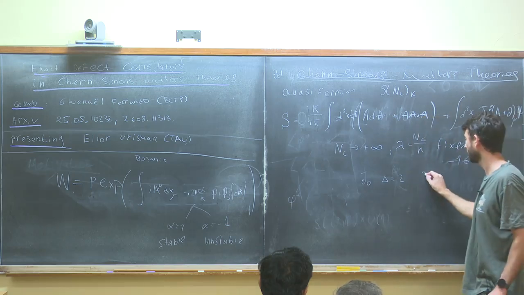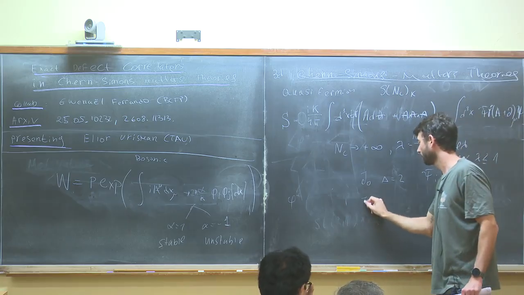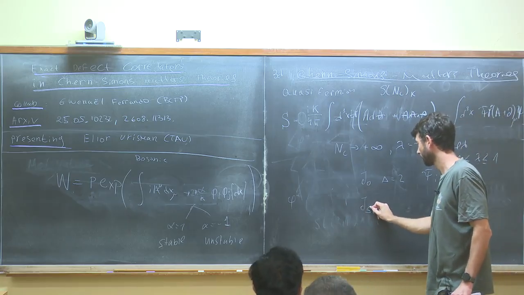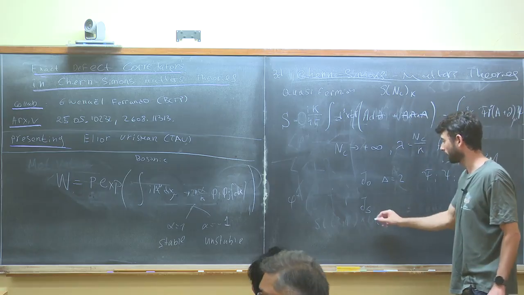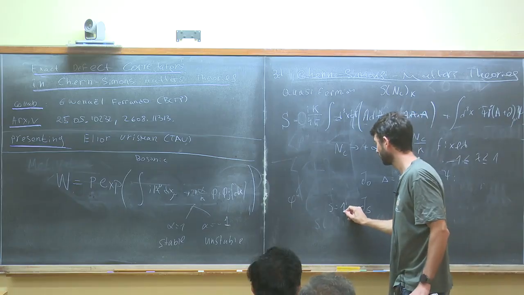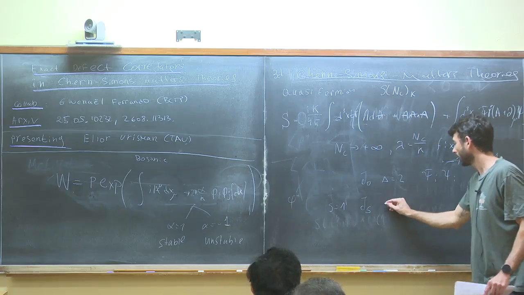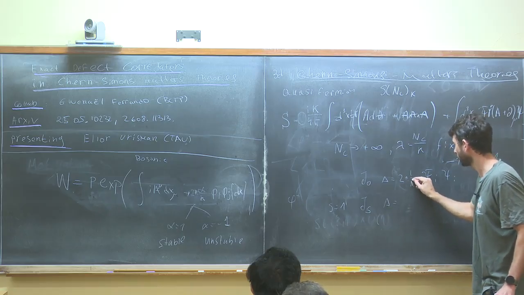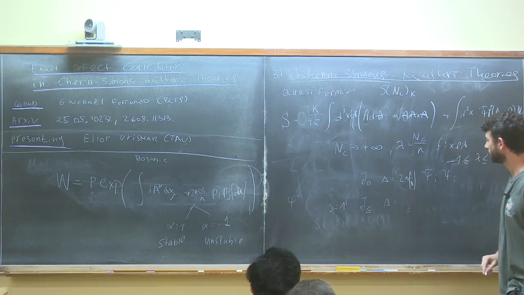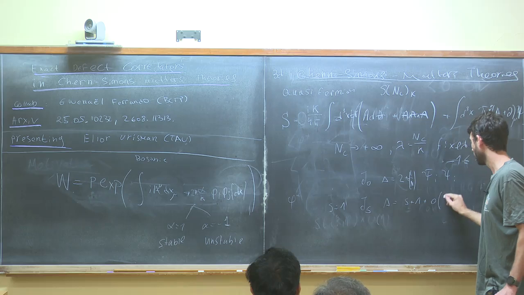You can realize it by psi bar psi, for instance, and then you have a tower of currents above it, starting with s equal 1 and so on. And they have dimension, which is correct up to 1 over n, s plus 1 plus O(1/n).